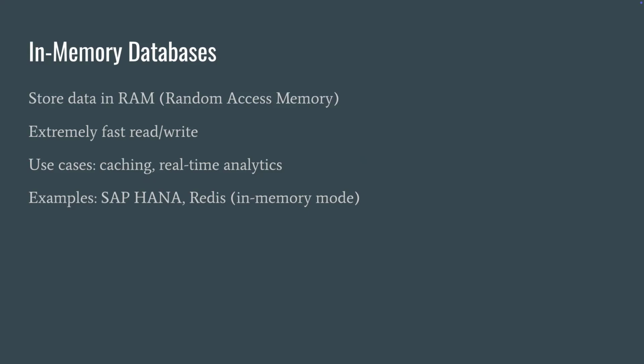Accessing data in RAM is significantly faster than accessing data on disk storage, I would say by orders of magnitude. As a result, in-memory databases can handle real-time analytics, high-frequency trading, or any other low latency tasks.